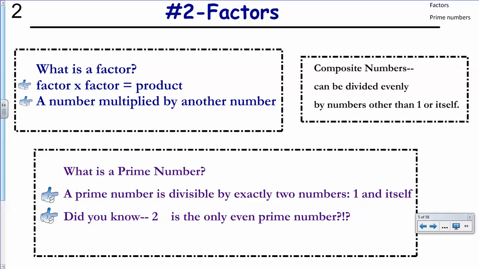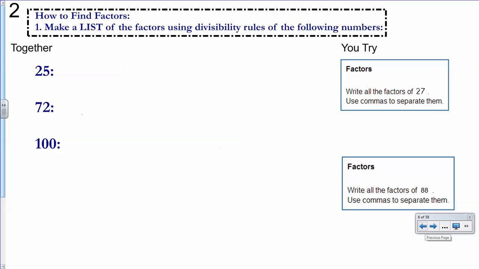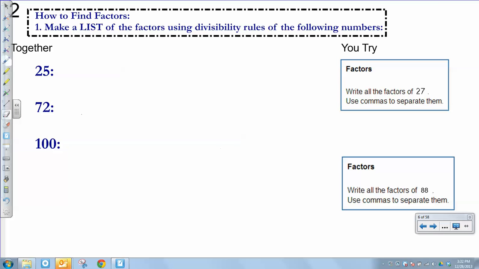Okay, now that we should have all of our notes filled in here, let's take a look at some example problems. So things that we're going to have to do, we're going to have to write down all of our factors. So I get a purple pen, perfect. We're going to make a list of the factors using divisibility rules of the following numbers. So remember yesterday when we did divisibility rules?